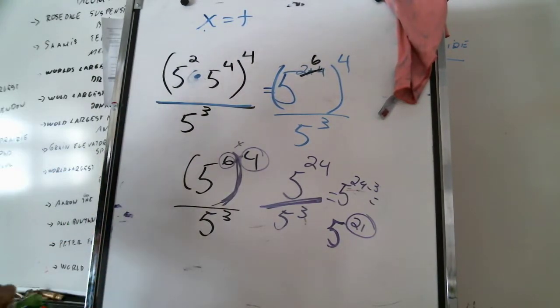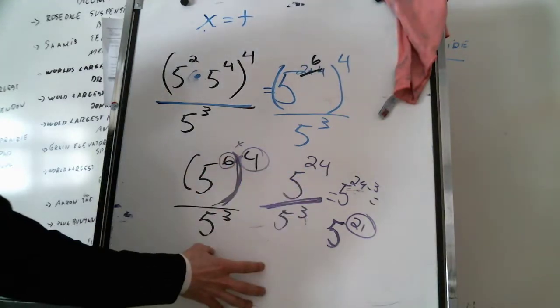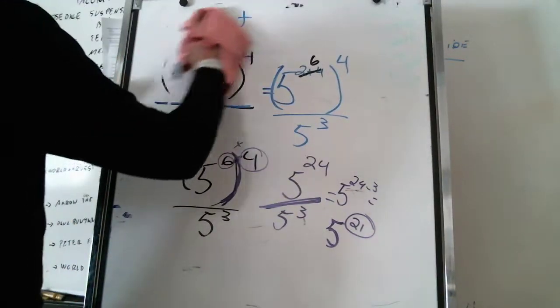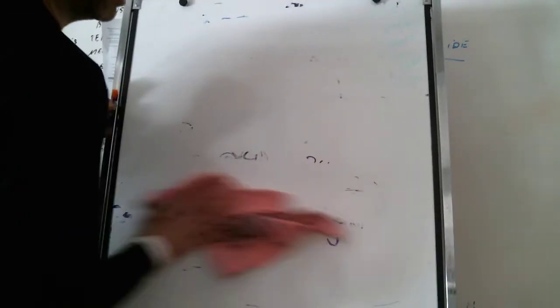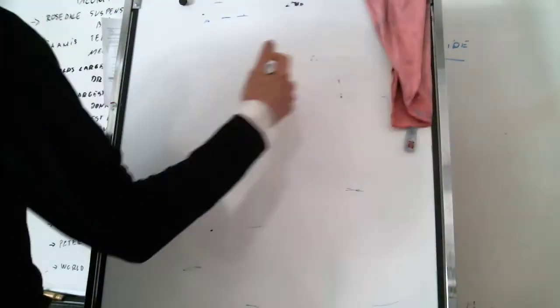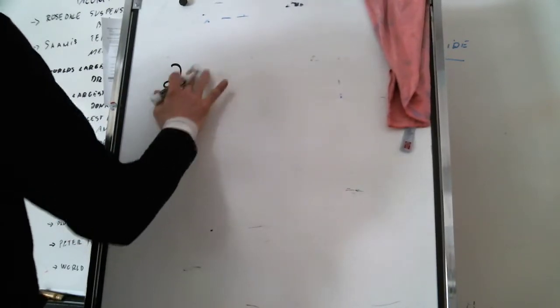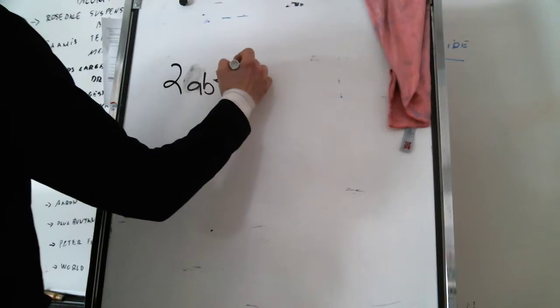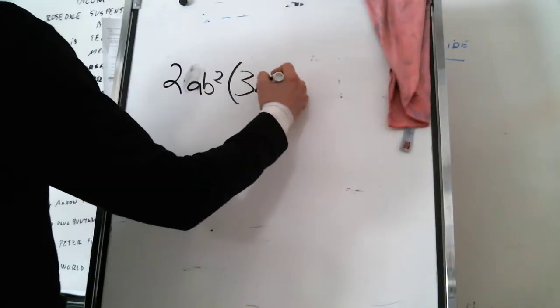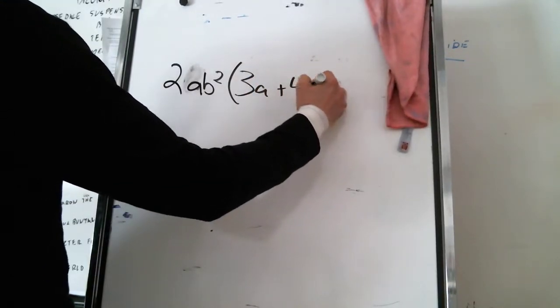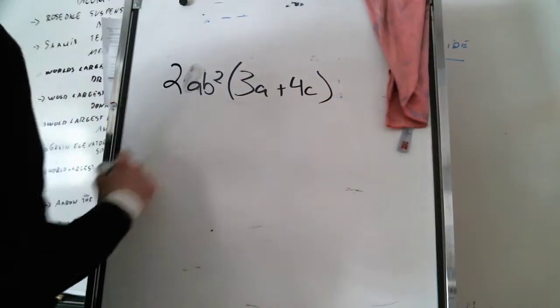Next week, I will see if I can post how this applies to polynomials. But as a quick preview, I'll do one so you can kind of get your head around this. We have 2a, that's not an 8, ab squared times 3a plus 4c. Okay, we'll just do it nice and simple.